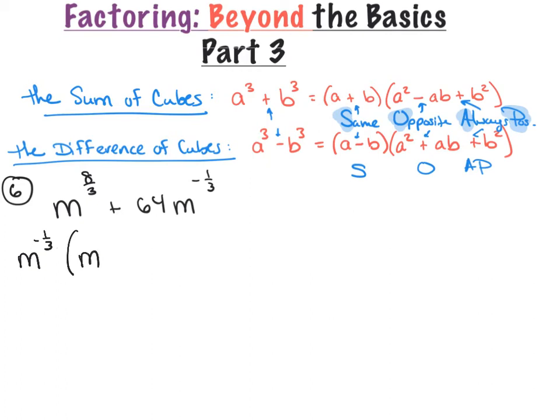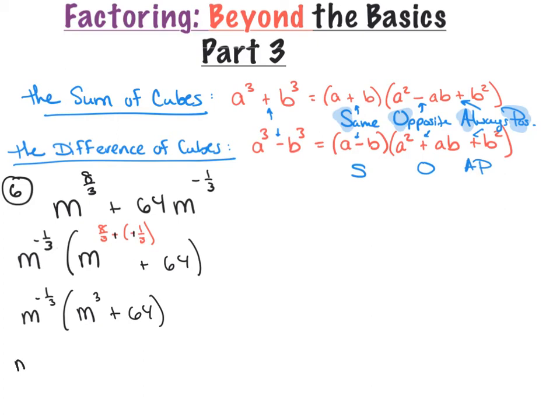And when we do that, existing exponent minus factored out exponent, so 8/3 minus a negative 1/3 leaves us with 9/3. Ooh, nice. 9/3 is just 3. And then plus 64, and the m to the negative 1/3 is factored out, so plus 64.